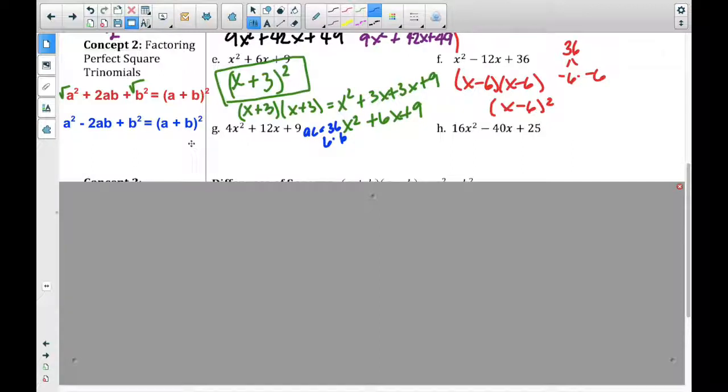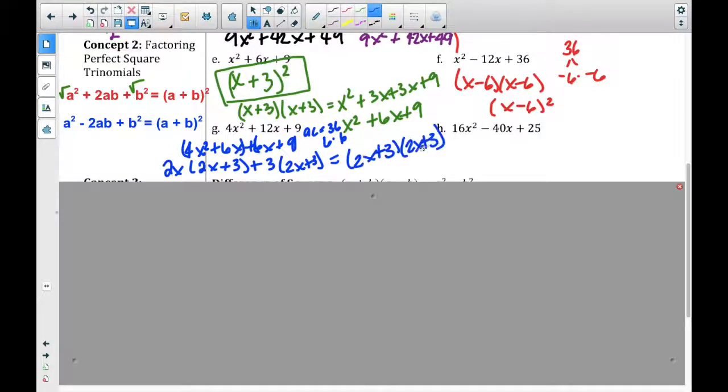I'm doing this with the AC method, a little bit longer. 4x squared plus 6x plus 6x plus 9. All right, I'm going to factor now. I'm going to factor out my 2x here, factor out a 3 here, and I'm left with 2x plus 3 and 2x plus 3, which is, of course, 2x plus 3 quantity squared.